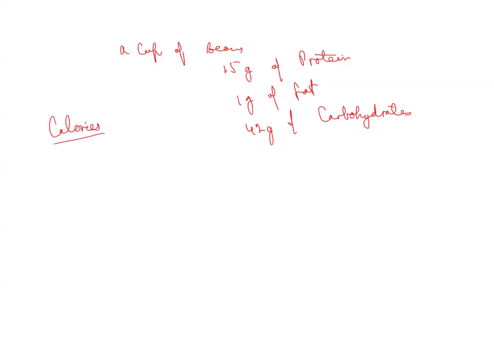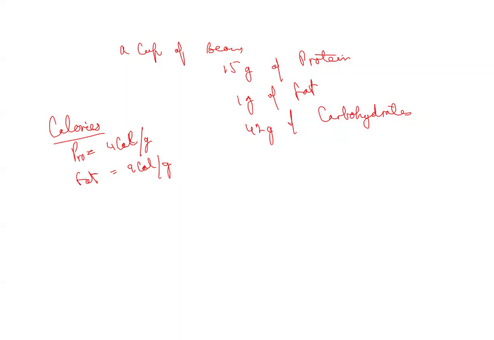Okay. So for proteins, I'll put P here. It is 4 calories per gram. For fat, it is 9 calories per gram. I don't know how accurate these values are, so I'm just doing this question.